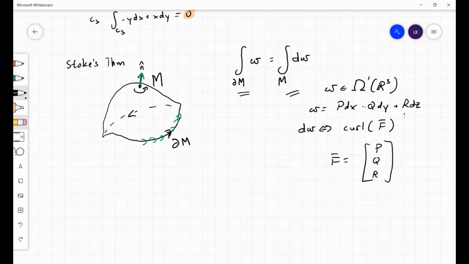Okay. So it'll look like this. The integral of F dr over the bounding curve is equivalent to the flux of the curl of the vector field through the surface.